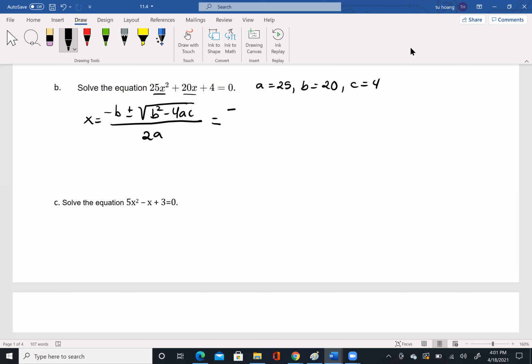Negative b is negative 20. I'm going to write it with parentheses so I don't mess up. Plus and minus 20 squared minus 4 times a times c, which is 25 and 4. Right, see that? And then everything divided by 2a, which is 25.